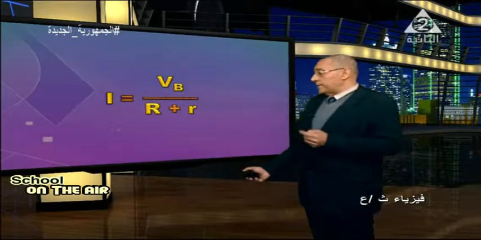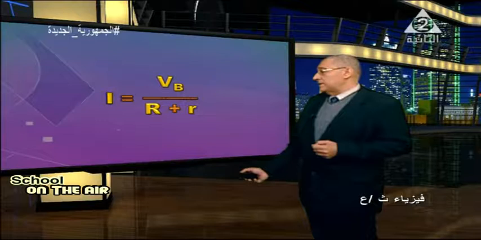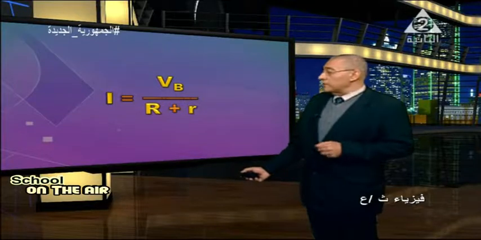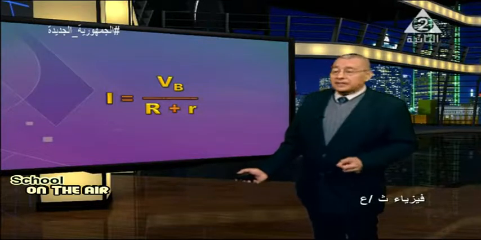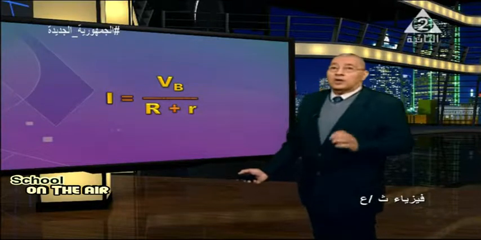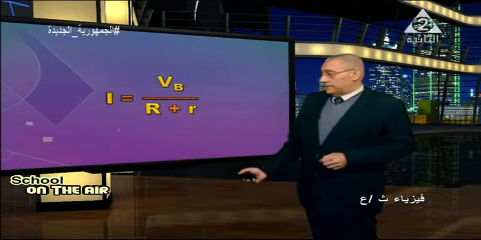Current passing through the battery equals EMF of the battery over total resistance, internal resistance and the external resistance. We call this Ohm's law of closed circuit.